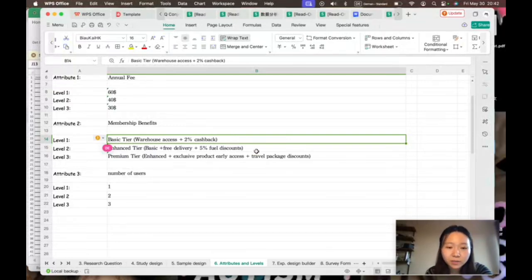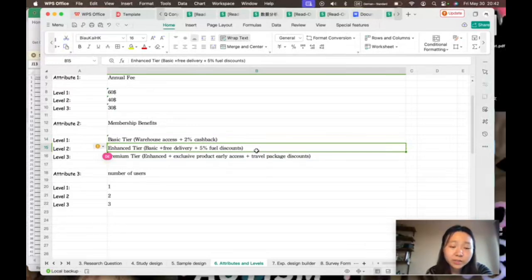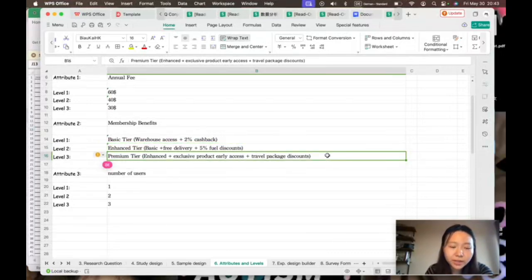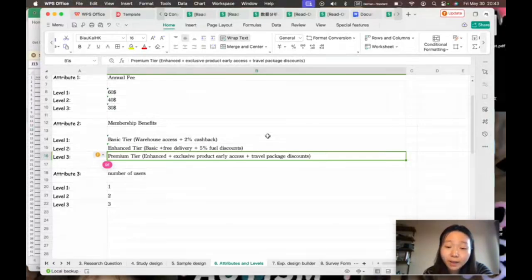The enhanced tier includes the basic tier plus free delivery and 5% fuel discounts. The premium tier includes the enhanced tier plus exclusive product early access and a travel package discount.